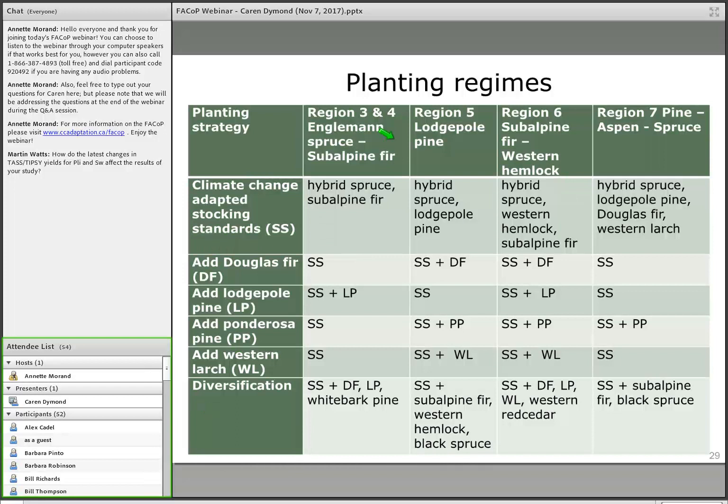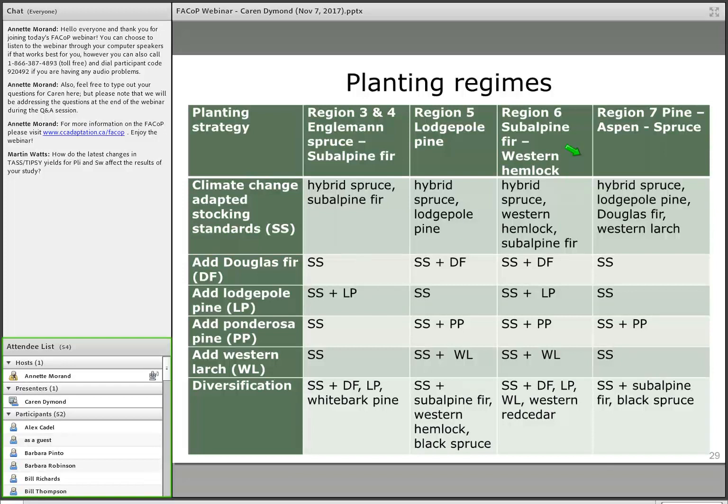So the planting regime varied depending on where in the study area you were. As I mentioned, the regions represent the productivity areas of the climate envelope. So for 3 and 4, the stocking standards is spruce and fir, and then from our productivity model, the Douglas fir, we weren't expecting it to do very well, but we did test adding lodgepole pine.